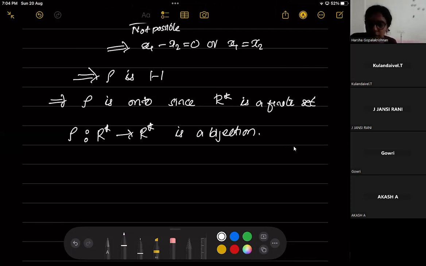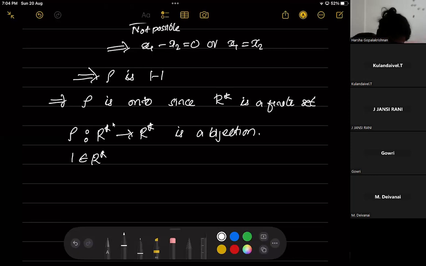Since rho is a bijection, what I can say is, for 1 in R star, I am taking 1 from this R star, there exists exactly one element, that is one and only one element in this R star, that is mapped to 1 under rho.